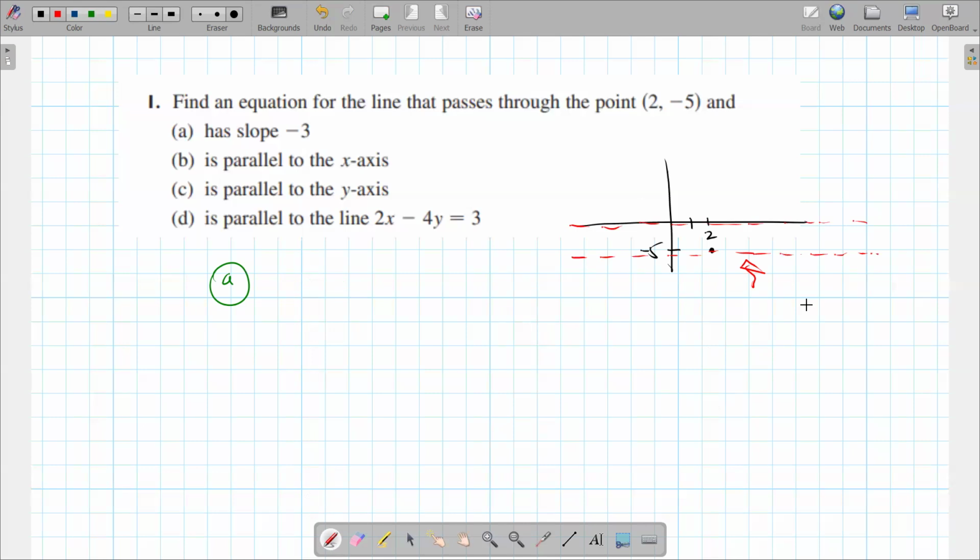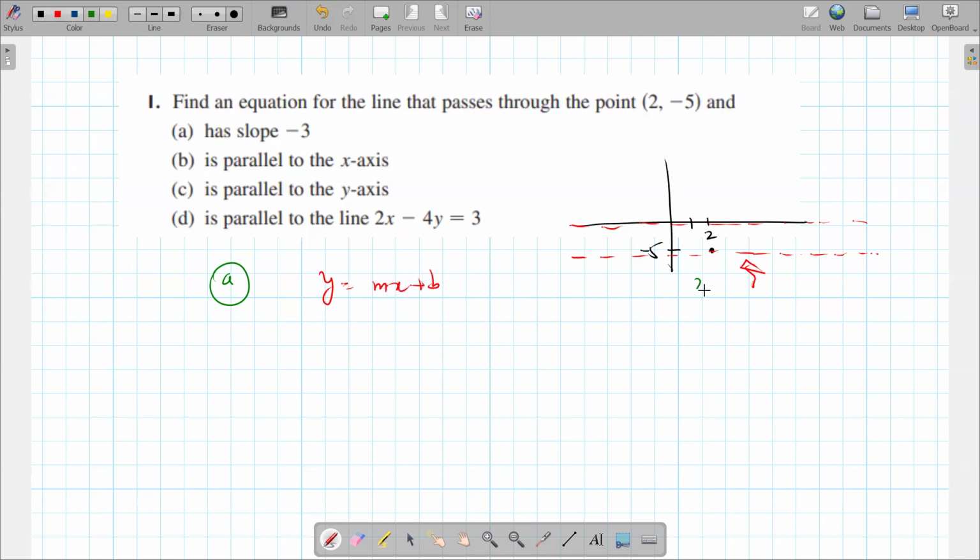What's the slope? Let's first talk about the slope. What's the slope of a horizontal line? 0. So it has no slope, right? So y equals mx plus b.